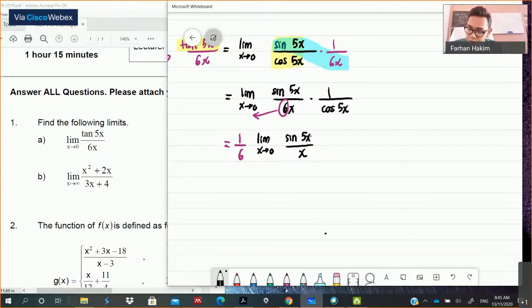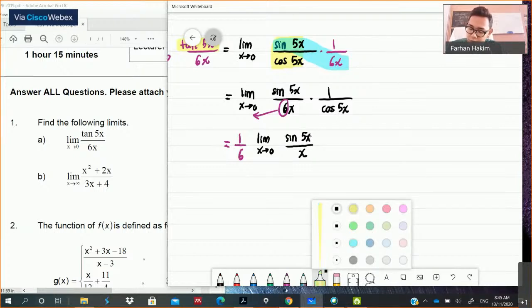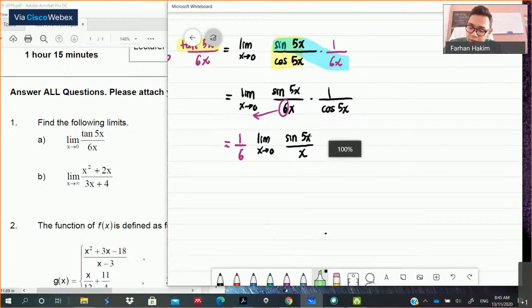For this part, I'm going to use the multiplication law for limits, because this is distributive here. So the limit as x approaching 0 of 1 over cos 5x.